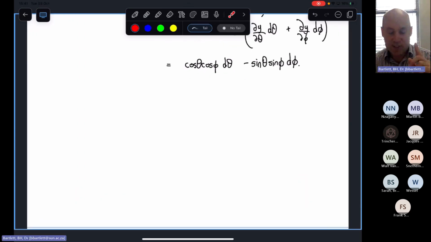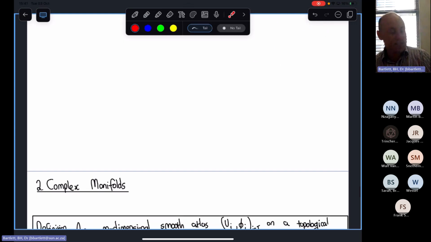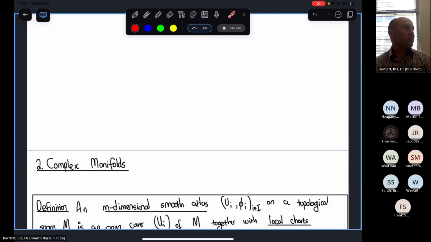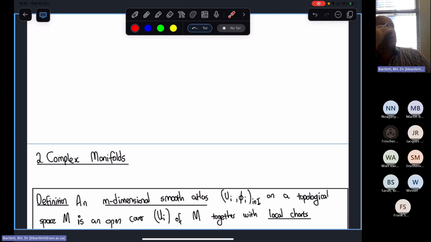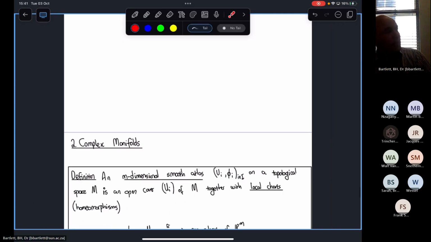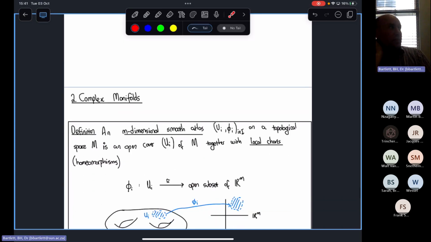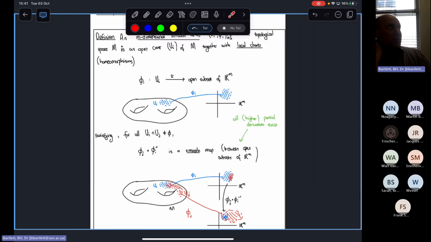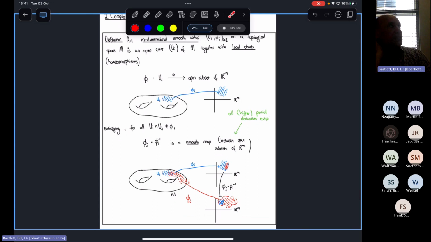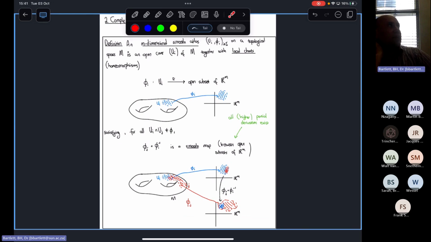Let's start complex manifolds. Okay, in the last 10 minutes. So I'm going to take my definition of a smooth manifold, and I'm going to now adjust it to talk about complex manifolds. So remember, what's the definition of a smooth manifold? We first of all started with the concept of a smooth atlas on a topological space.